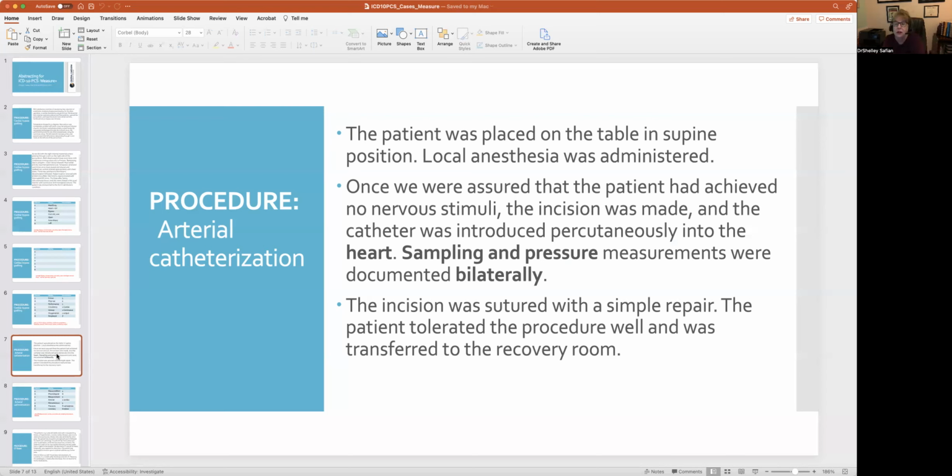You'll notice percutaneously into the heart. They went directly into the heart, sampled and did pressure measurements using that catheter. Now, in this case, the suture is teeny tiny. So they did a simple repair. Zip, zip, zip, zip. Okay, couple of stitches. Patient tolerated the procedure well and was transferred to the recovery room.